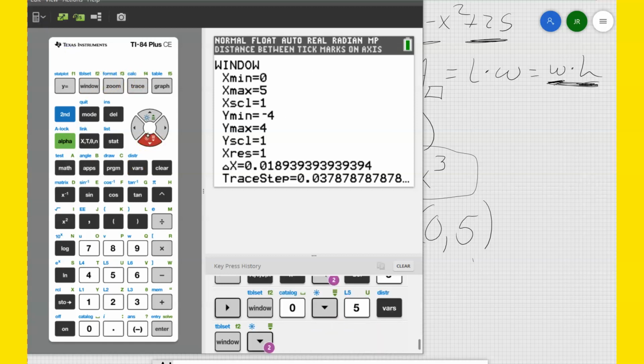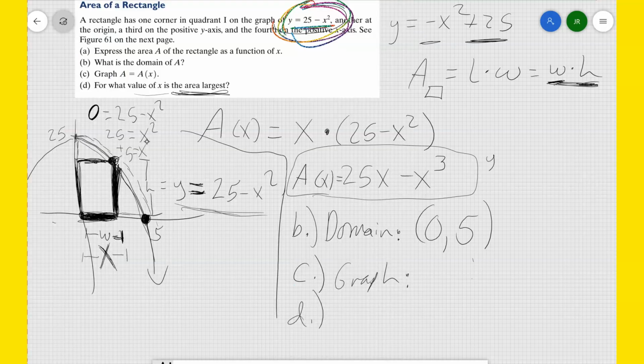Now let me think about my y. In this case, the y value is the area, right? The area is the area of this rectangle right here. So I'm trying to think what my maximum y value should be.